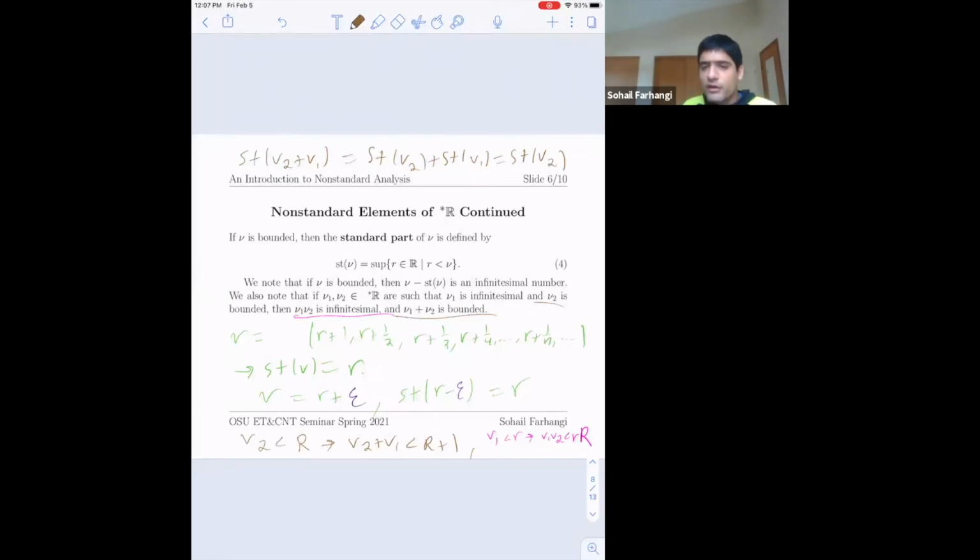If both of these numbers are bounded, then the standard part is, I guess, a homomorphism. And because V1 is infinitesimal, its standard part is just 0.